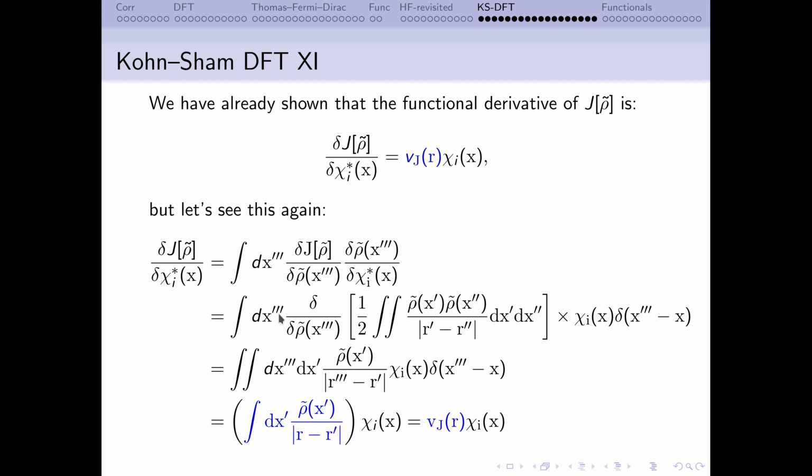We'll leave it there. Now we need dJ by d rho tilde. That's d by d rho tilde of this double integral in here.